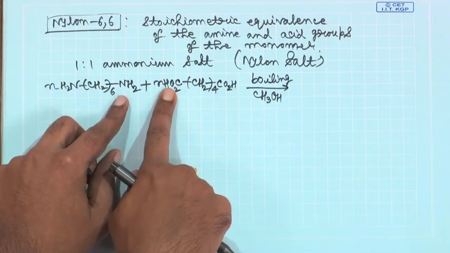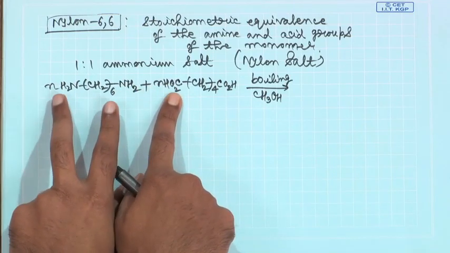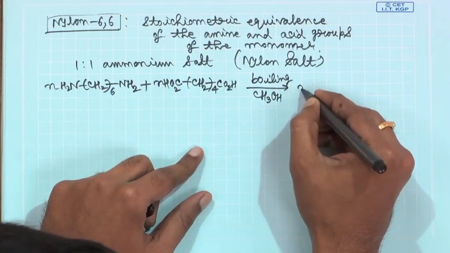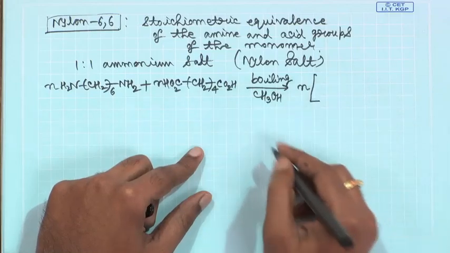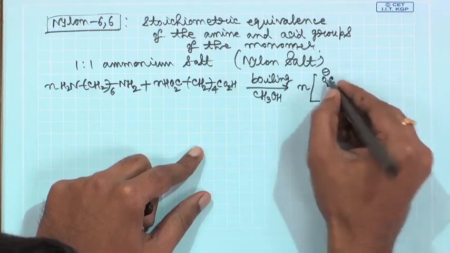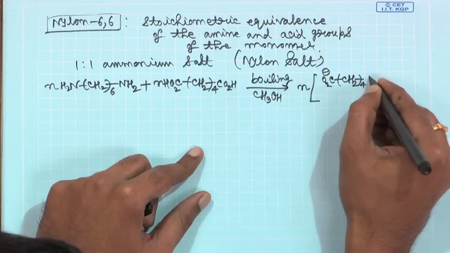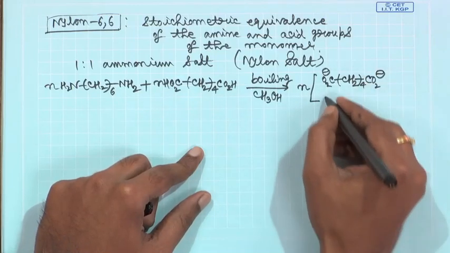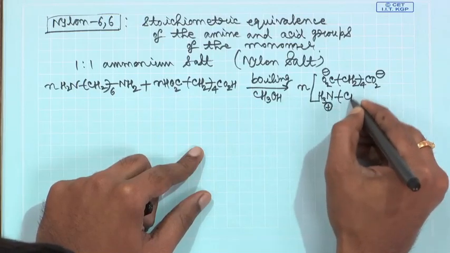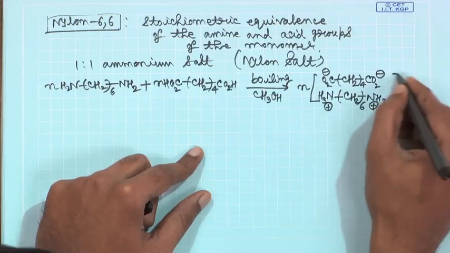So, this proton is abstracted, it goes here, it becomes NH3 plus and it becomes CO2 minus, and the same is the fate for both the sides. Basically, it is an acid base reaction, and you will get a nylon salt or an ammonium salt of this composition: CO2 minus, CH2 whole 4, CO2 minus, and then NH3 plus, CH2 whole 6, NH3 plus.